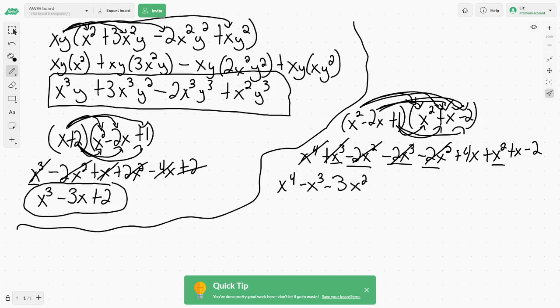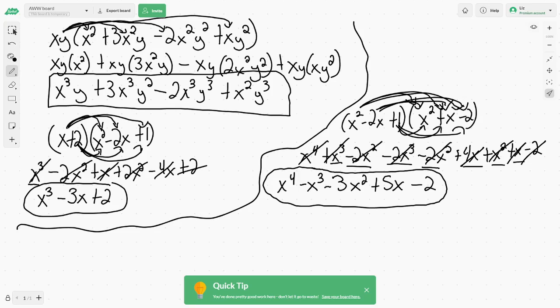So we use that, we use that, and we use that. We have 4x and x, so 4 plus 1 is 5, and then a minus 2. So x to the fourth minus x cubed minus 3x squared plus 5x minus 2.